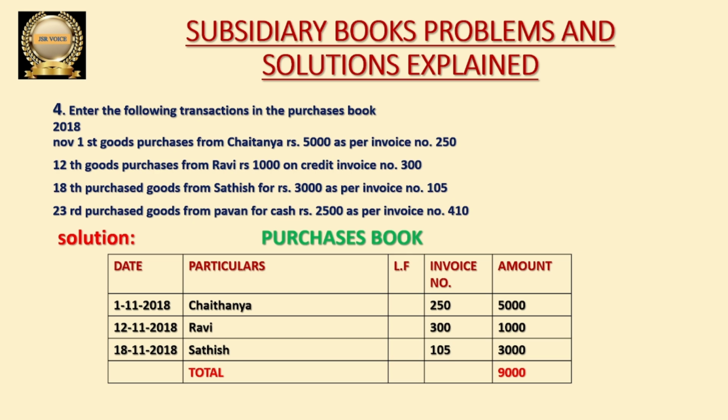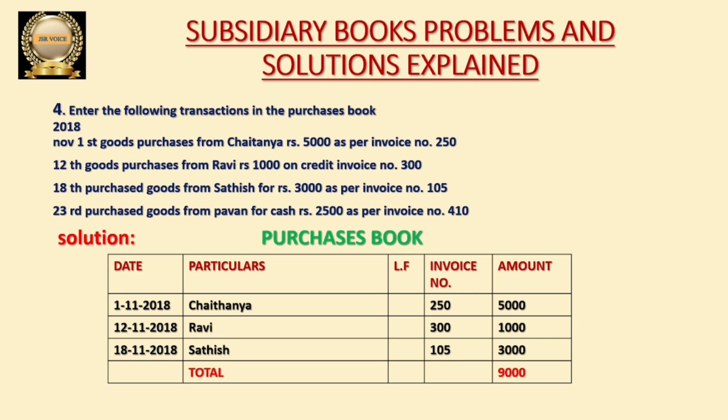23rd. Purchased goods from Pavan for cash, rupees 2500 as per invoice number 410. Purchased goods, one condition satisfied, it is goods only, not assets. From Pavan, name is given, second condition also satisfied, very good. For cash, so they are purchasing for cash, cash purchases. It is not credit purchases, it is cash purchases.